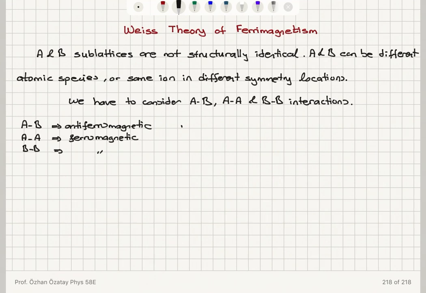Now I call N the total number of ions per volume. I call alpha the fraction of A ions, so it's the number of A ions divided by total number of ions.